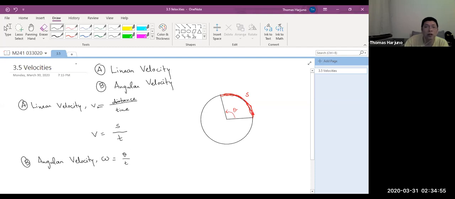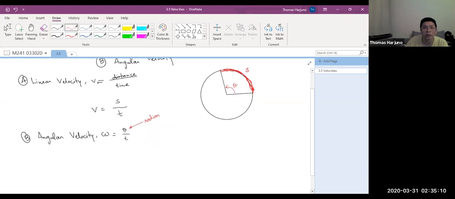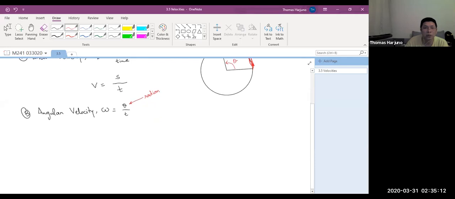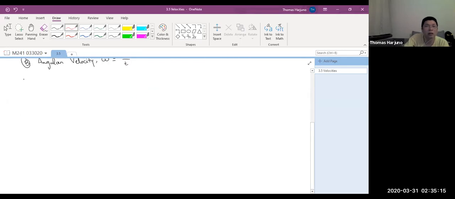Of course, don't forget the theta here has to be in radians. And that's it. That's the only two formulas you need to memorize from this section. The rest, let's apply these formulas.